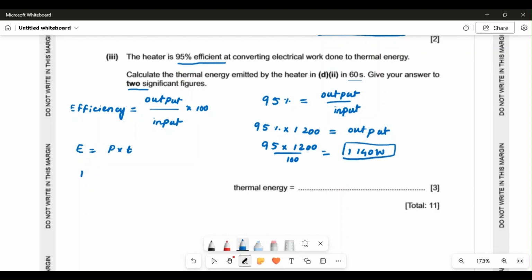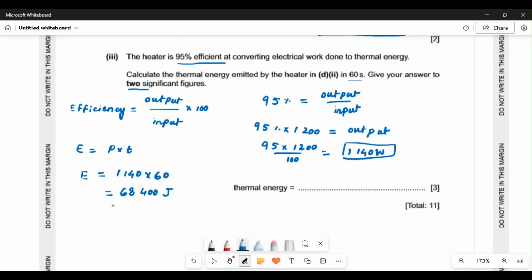So energy, that is thermal energy emitted by the heater, is power 1,140 times 60, which is 68,400 joule.